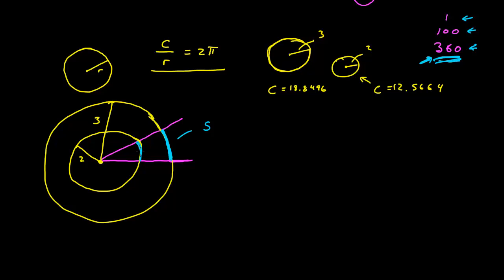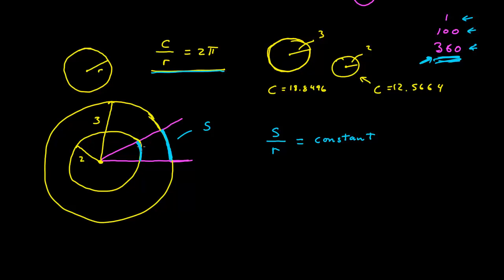It subtends an amount of arc length equal to this length. The important fact is that the ratio of the arc length subtended by the angle divided by the radius of any given circle is also a constant, just like this is a constant.